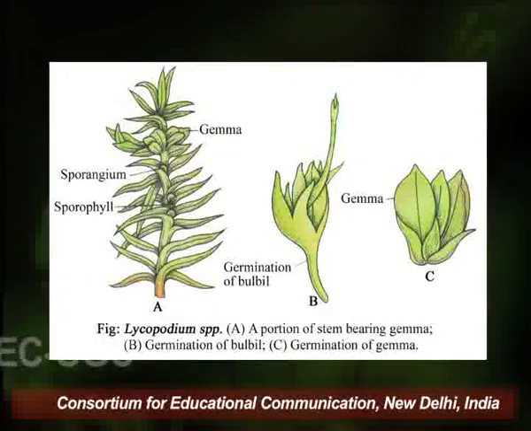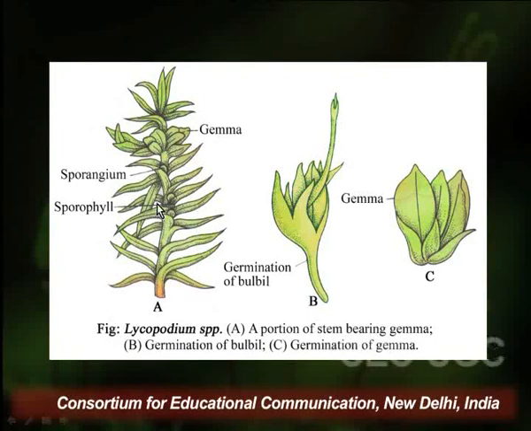Because the leaves are very thick and fleshy, they contain stored food materials, so they have enough nutrition for the formation of a new plant. This can be understood with the help of this diagram, where we could see that on a branch the sporophylls are found, which bear sporangium, and just below the crown some of the leaves become fleshy and thick and form a rounded structure.